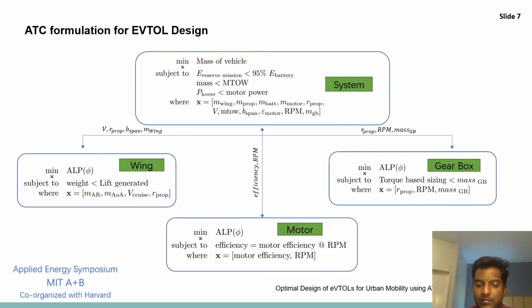The constraint here is that the overall efficiency of the motor is equal to the efficiency that is computed from the RPM, torque and efficiency map of the motor. And in the gearbox, finally, we have one constraint, that is the torque based sizing of the gearbox must be less than the actual mass of the gearbox, or rather the mass of the gearbox must be greater than the sizing that we determine.